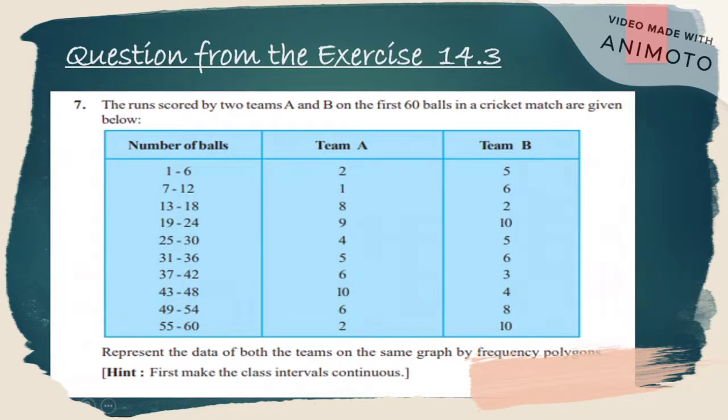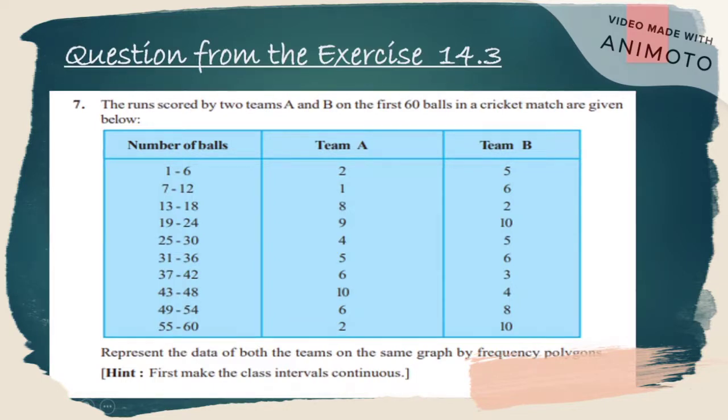It is 6 and 7. So first we will find the difference between them, which is 1, and then we divide it by 2, so we have 0.5. In the next step we subtract 0.5 from the lower limit, 1, and add 0.5 to the upper limit. We will do this process with all the numbers given in number of balls.